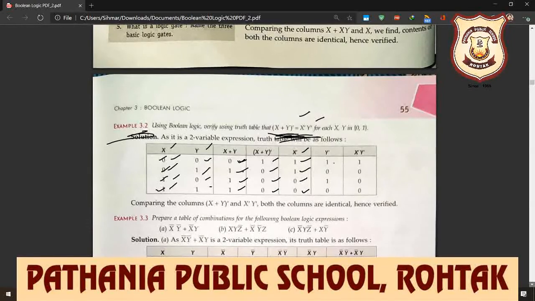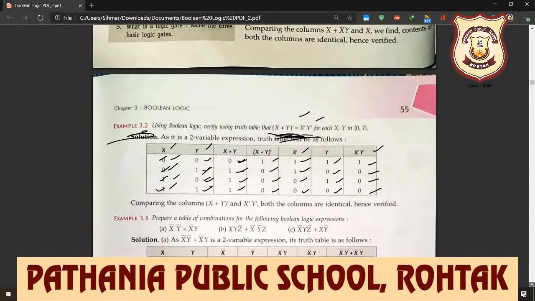So 0 1 0 1 converts in 1 0 1 0. Now we need the multiplication of x complement into y complement. So here 1 multiply 1 is 1, 1 multiply 0 is 0, 0 multiply 1 is 0, and 0 multiply 0 is 0.